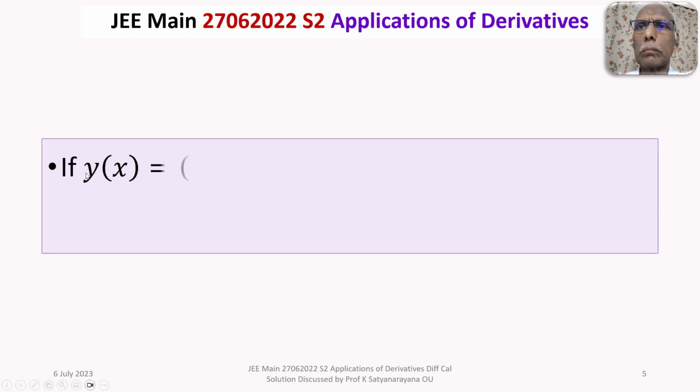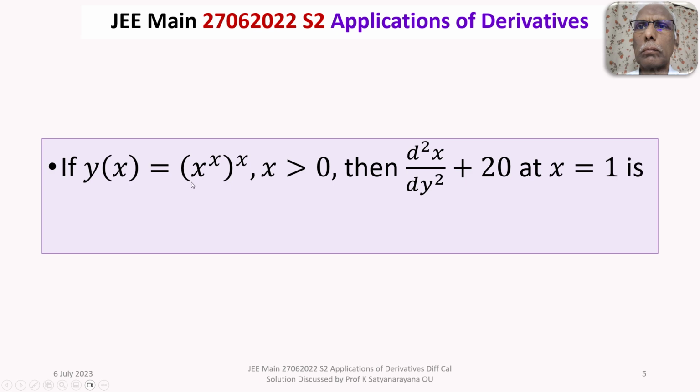The given question is, if y of x is equal to x power x to the power of x, where x is greater than 0, then d square x by dy square plus 20 at x equal to 1 is.